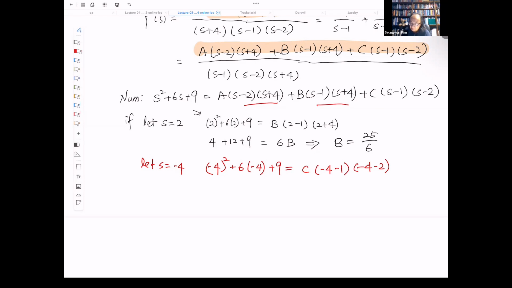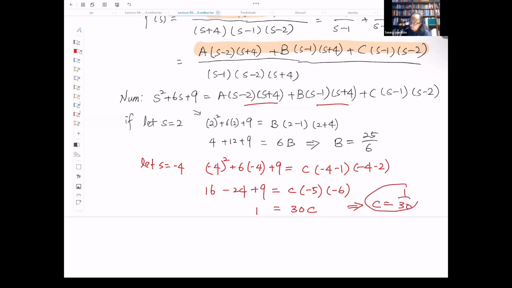So now we have 16 minus 24 plus 9 equals C times negative 5 times negative 6. This is 25 minus 24, so it's 1, and then 30C. So from here, C equals 1 over 30.